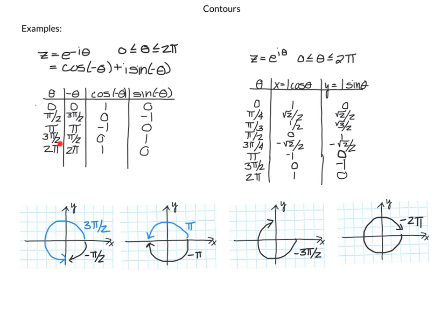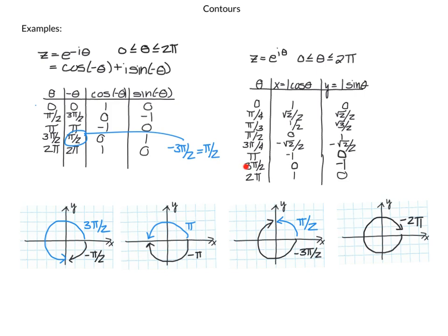Next I get 3 pi over 2. So if I go here and I graph negative 3 pi over 2, that's the same thing as going in the counterclockwise direction as pi over 2. So again, I could think of this as negative 3 pi over 2 in the clockwise direction, and that's equal to pi over 2 in the counterclockwise direction.